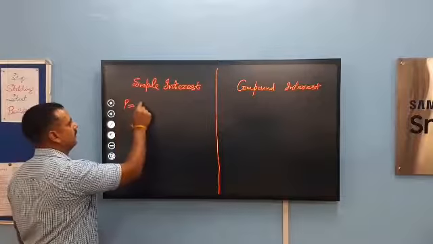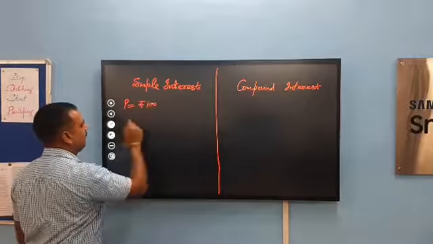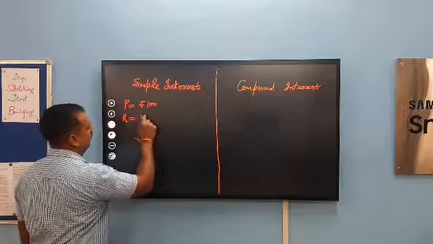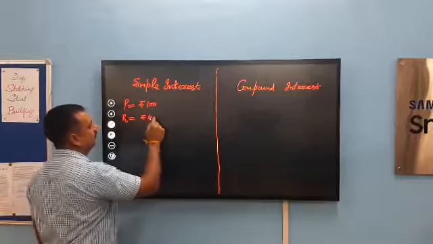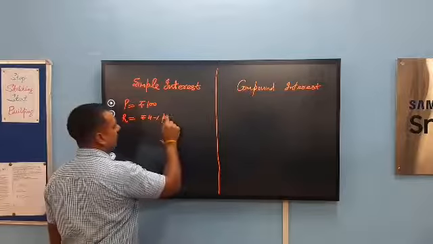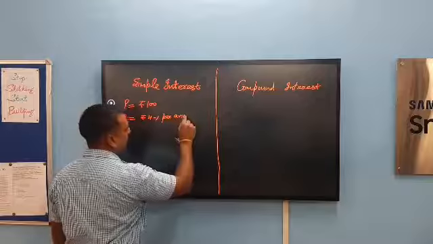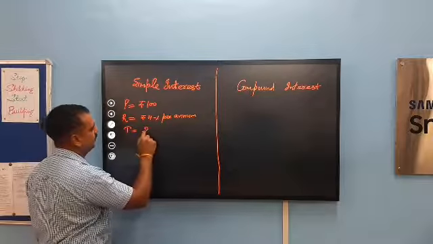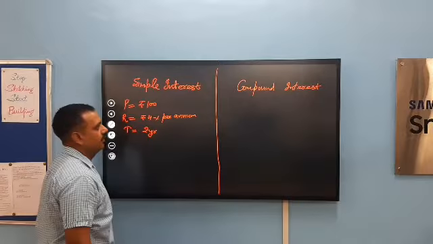Let principal be rupees 100, rate 4% per annum and time 2 years.